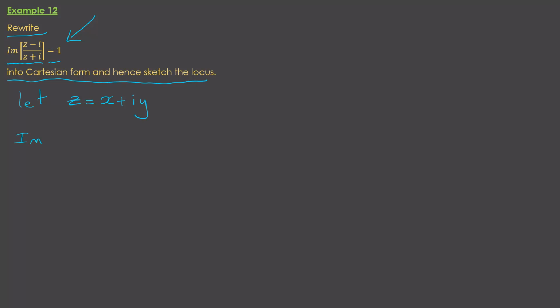So we've got the imaginary part of (x plus iy minus i) over (x plus iy plus i), which is going to be the imaginary part of (x plus iy minus 1) over (x plus iy plus 1).